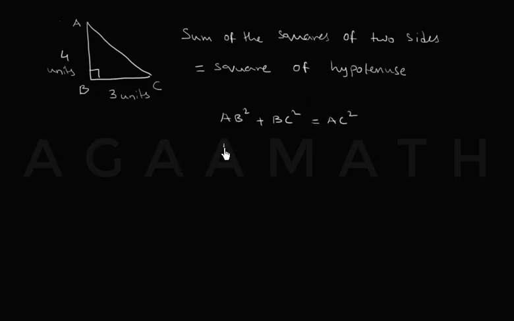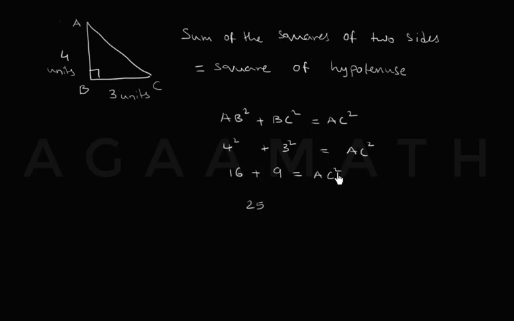It means 4 square plus 3 square is equal to AC square. We don't know the length of AC. So 4 square is nothing but 16, plus 3 square is nothing but 9, and it is AC square. So 16 plus 9 is 25.